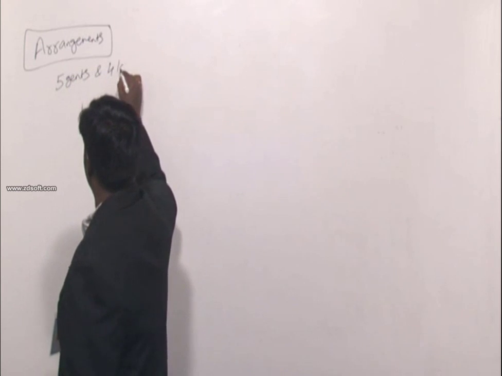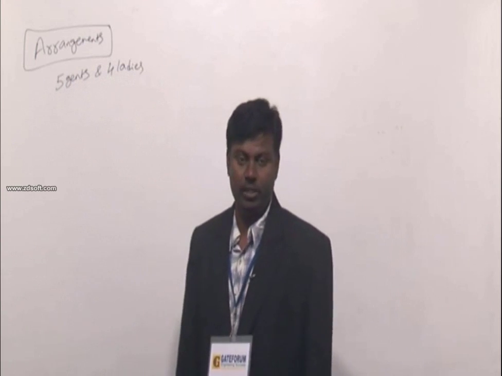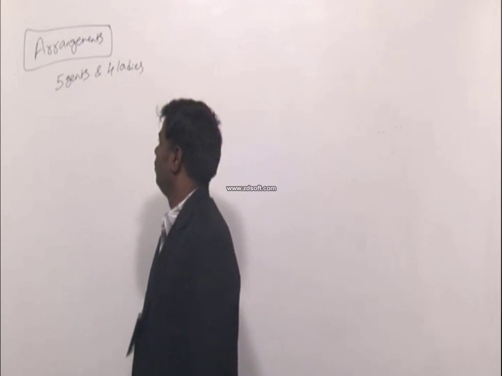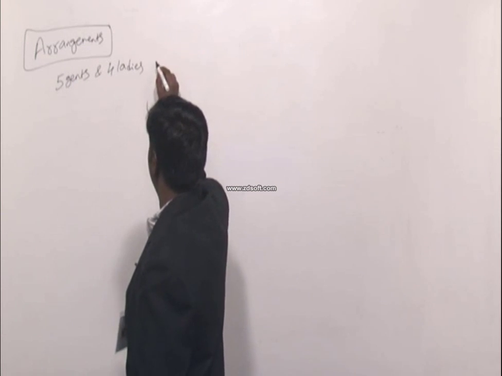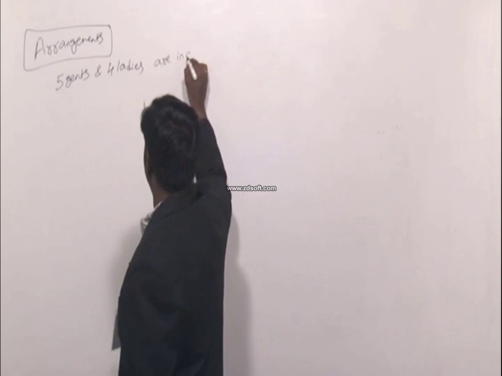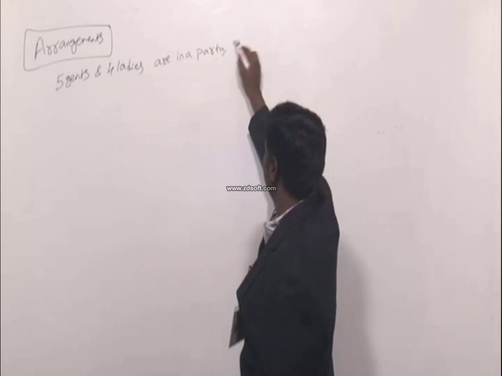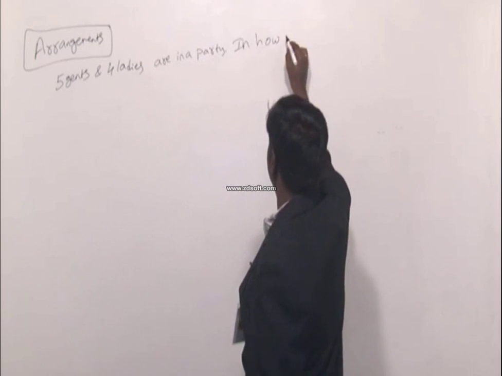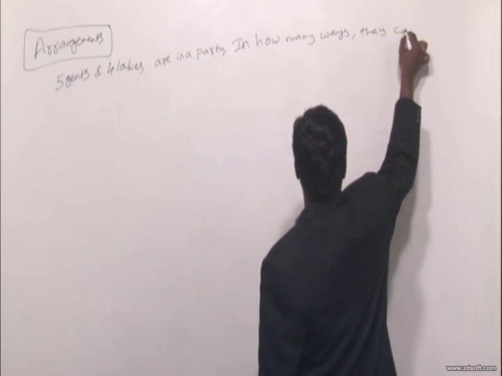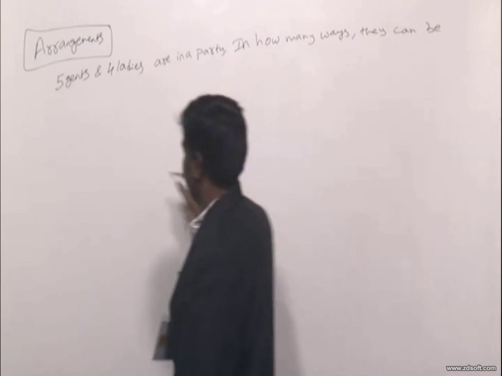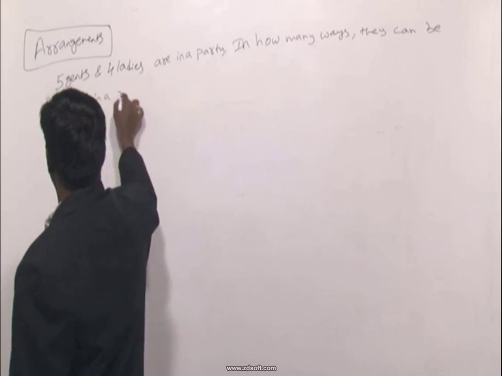Five gents and 4 ladies are in a party. In how many ways can they be seated in a row?